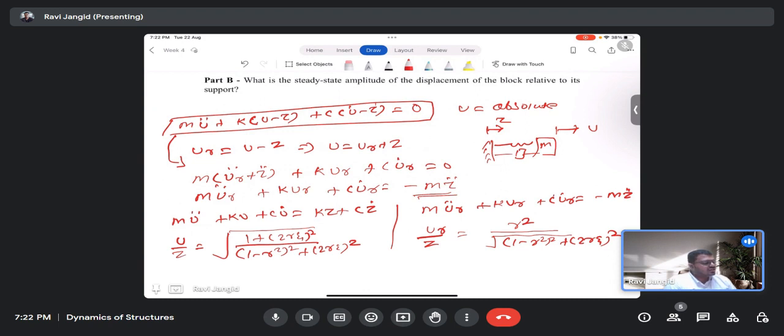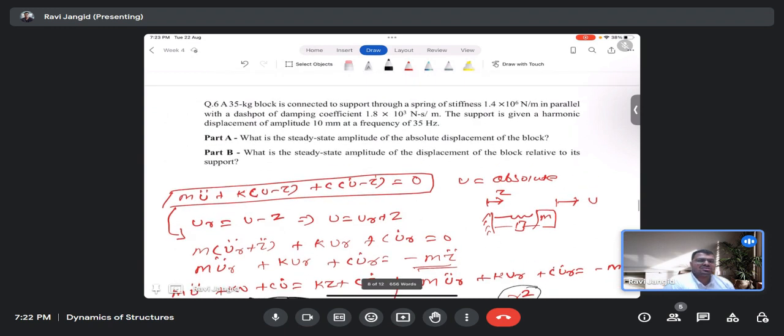So did you get the difference between the relative and the absolute? Yes. Now your assignment question will be solved easily, I think.